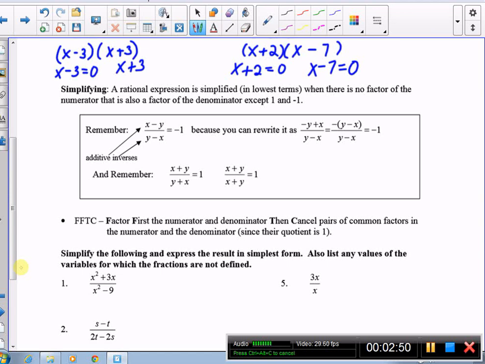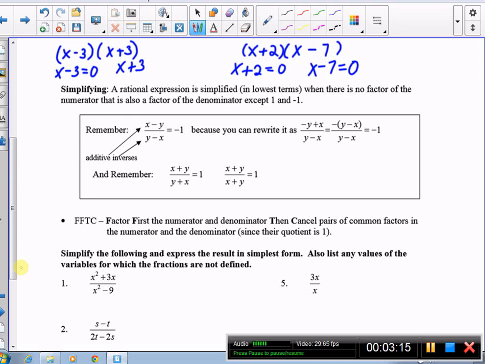You can also rewrite it as negative y plus x and factor out a negative 1. And then you'd have y minus x over y minus x, of which those cancel, and you're left with negative 1. If you have numerators and denominators that are reversed, but the signs are both positive, that cancels to positive 1.